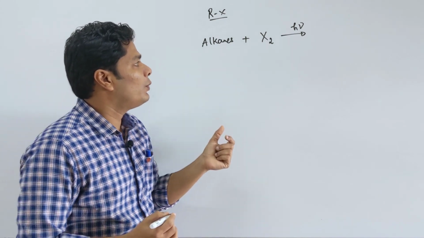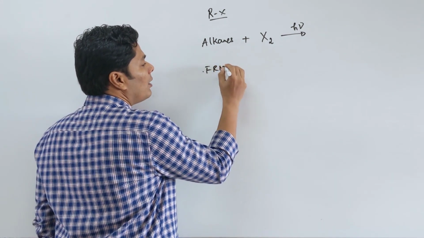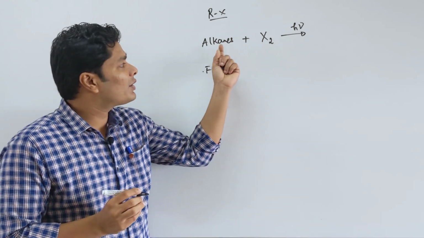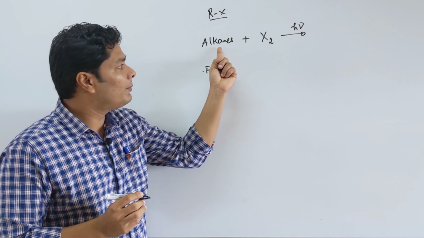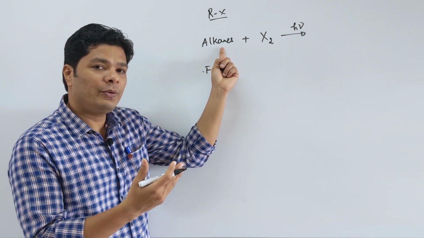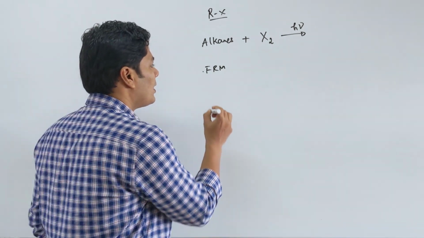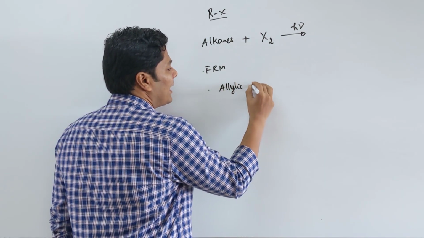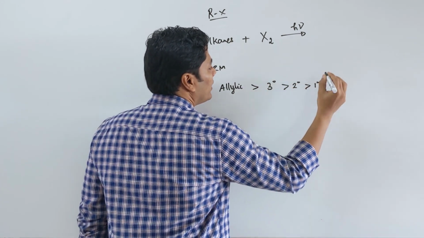In general, what you want to know is, this proceeds through a free radical mechanism, meaning it is going to go through all the possible free radicals that are possible by the given alkane, and the most stable free radical is going to give you the majority of the product. So that tells you that the reactivity order is going to be allylic greater than 3 degree greater than 2 degree greater than 1 degree.